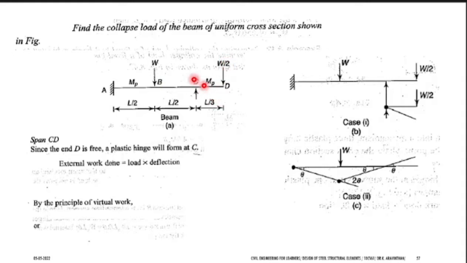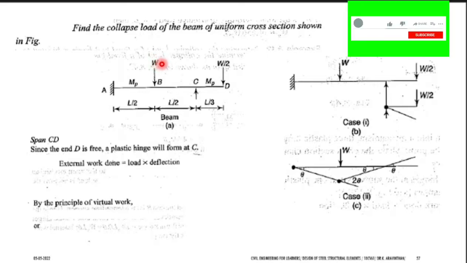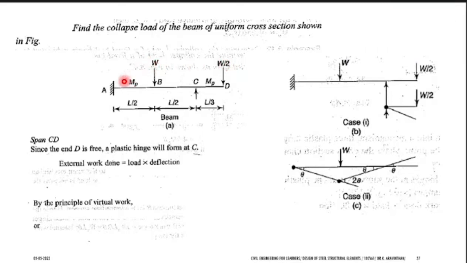If you keep on adding the load W, imagine I am adding W as 1 kilonewton, 2 kilonewton. If I add W as 1, this will be 0.5. If I am adding the loads, which span will get collapsed? Either AC or CD. Let us derive and find the solution.